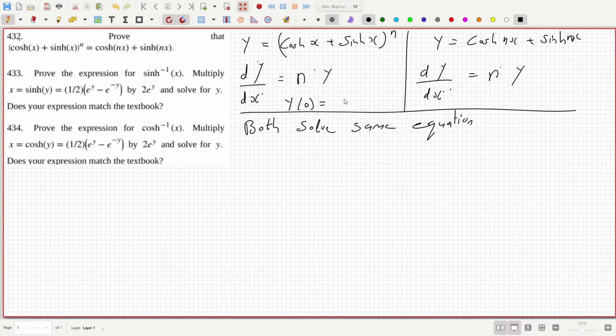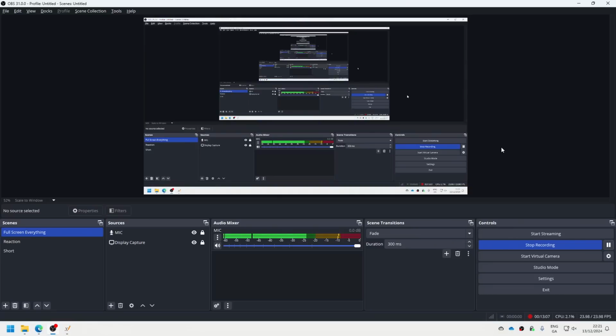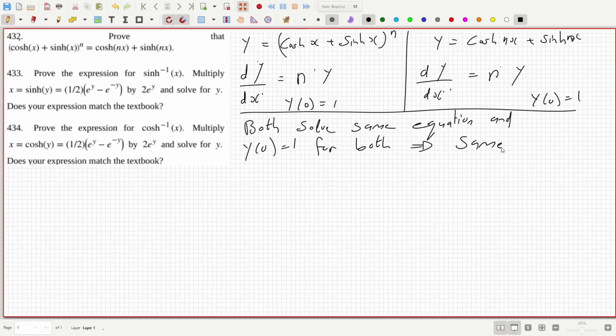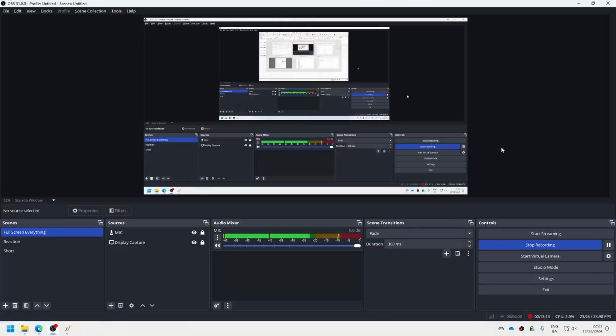So it's 1. And the same goes here. y(0) equals 1. So they both solve the same equation, and y(0) equals 1 for both. So then that means that they have to be the same. And that's probably the easiest way to do it. Yep, that's probably the easiest way to do it.